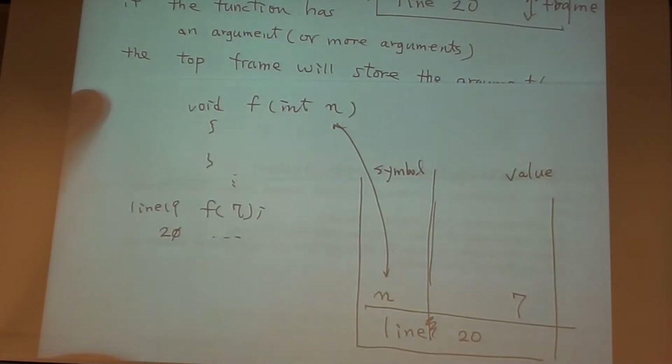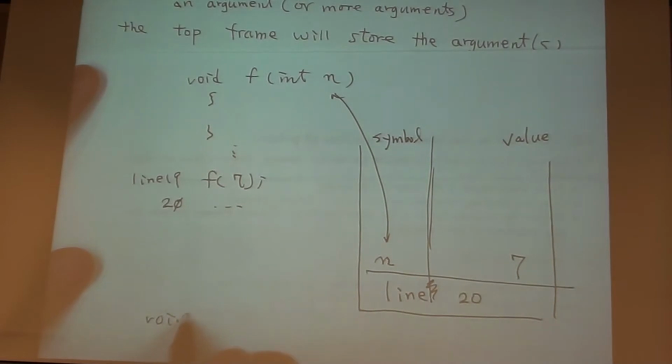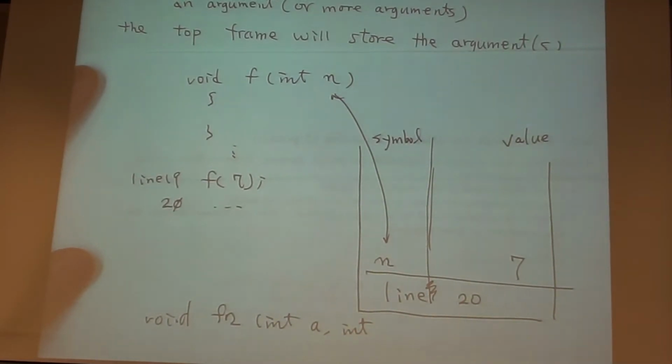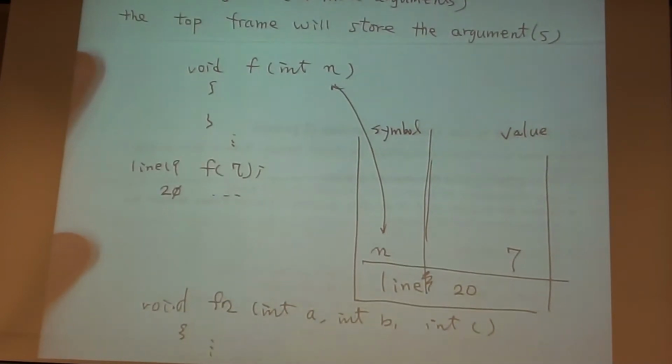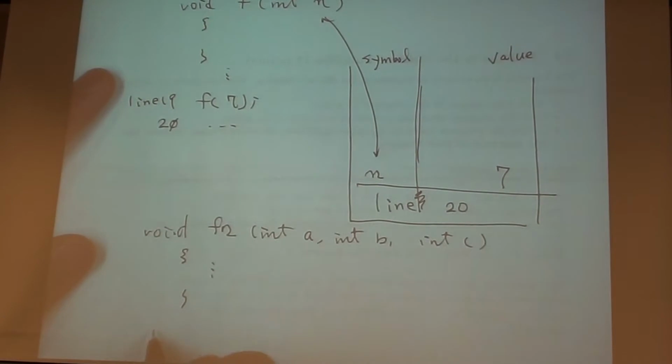If the function has more than one argument, then we will put more arguments there. Let's say I have a function f2 with integer a, integer b, integer c. I use integer as an example; you can have double, character, or float. Then I call the function. Let's say I'm in line 54.